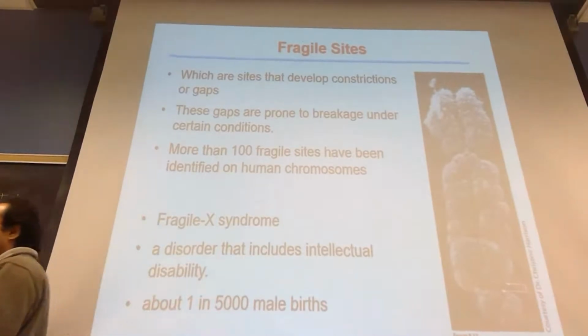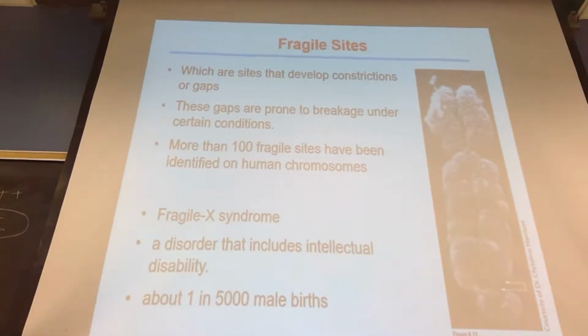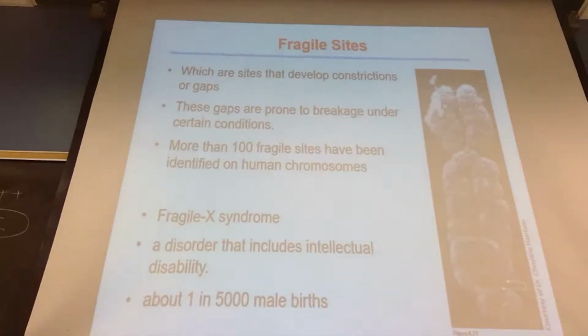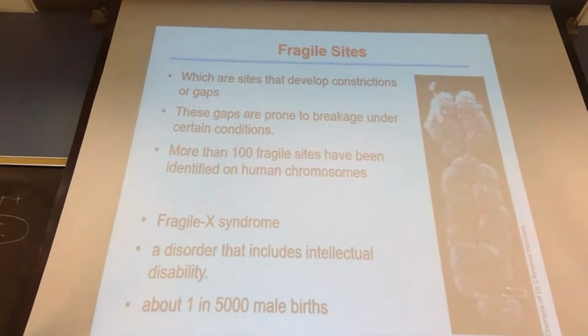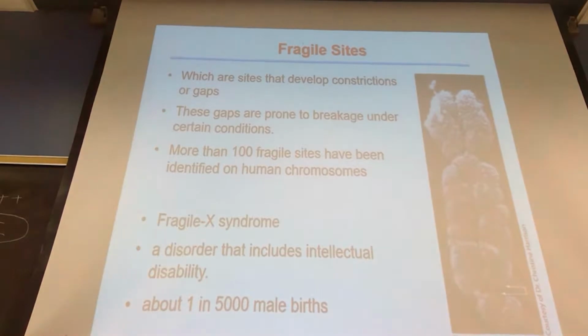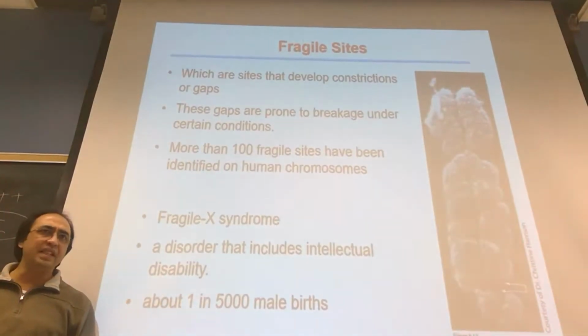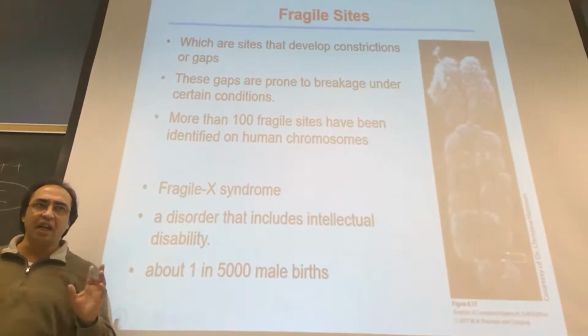If this breaks, then there is a chance of disorder. All the genetic diseases are disorders. So they can have a chance of disorder, and mostly the disorder is mental retardation or some kind of neurological problems. These are the main things for any kind of genetic disorders.